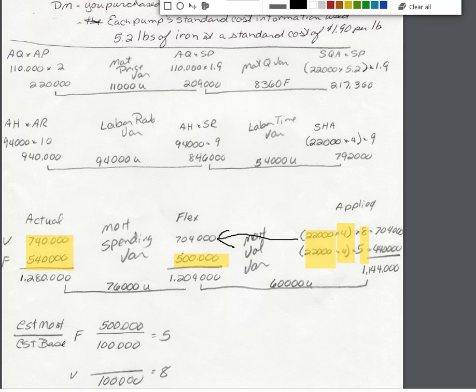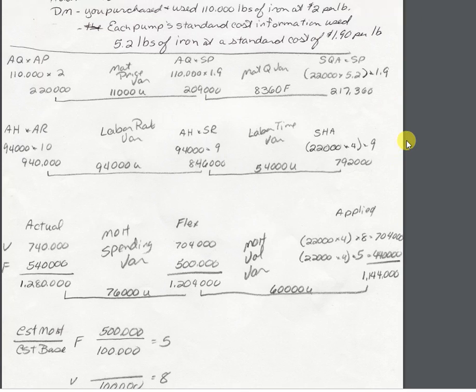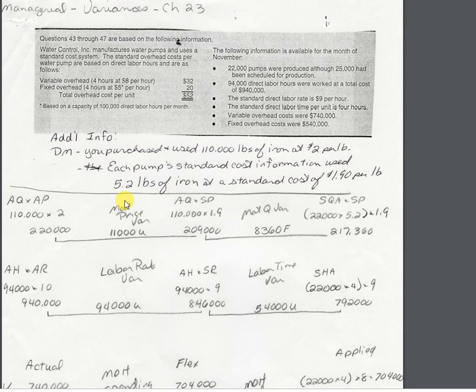Okay, so now let me clear all these. So now the only thing I've got is my materials left. And that's when I discovered I didn't give it, and I kind of wanted to do that, so I added this. So we purchased and used 110,000 pounds of material, so I need a price per pound.